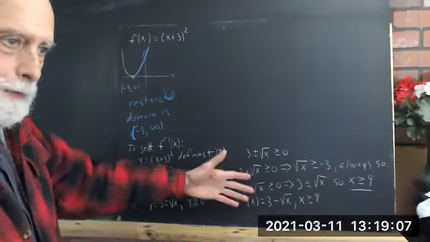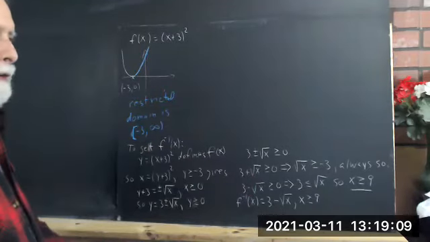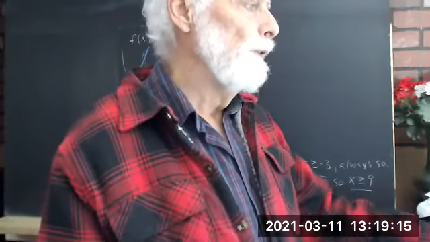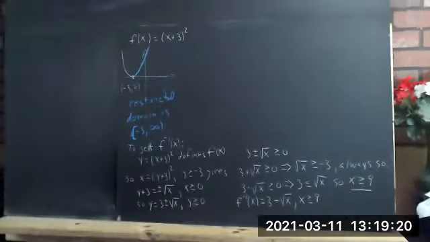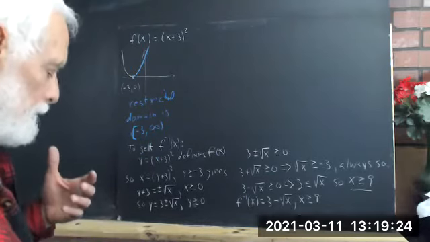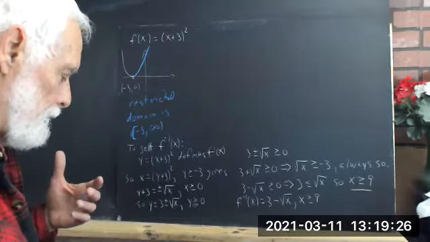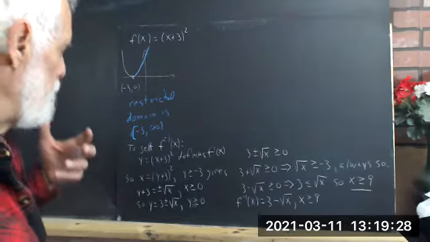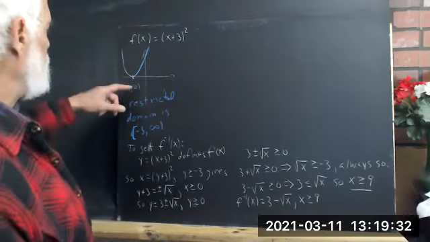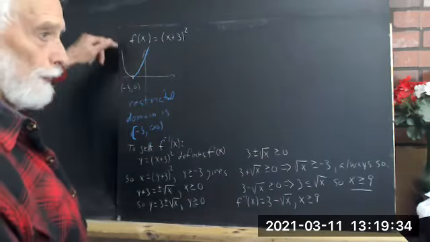So there are some complications here. We have to consider them. Part of the definition your text uses, and is generally used, is that you understand we could also restrict the domain to the left-hand side of this parabola.